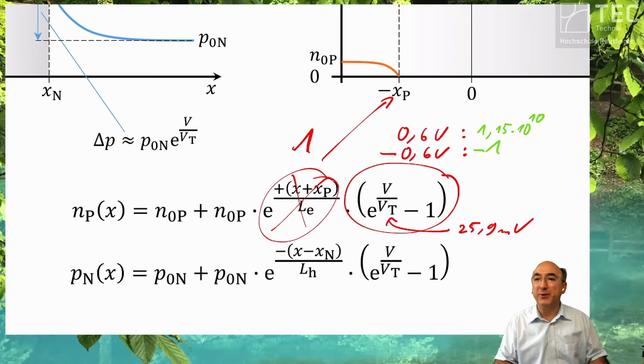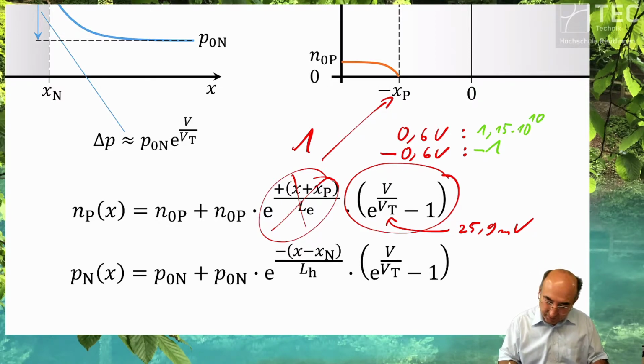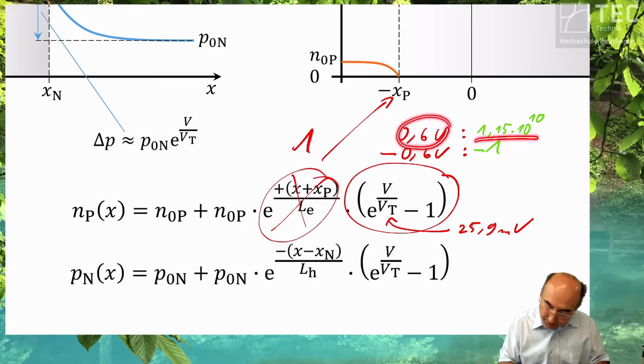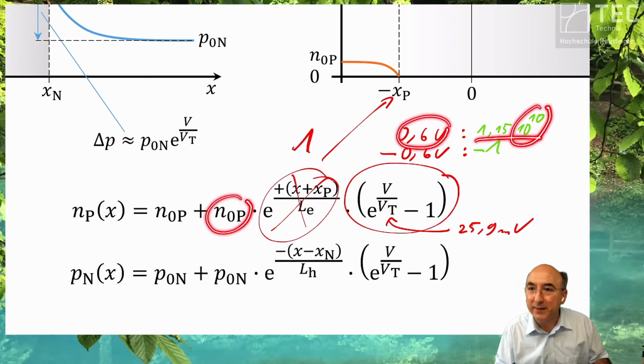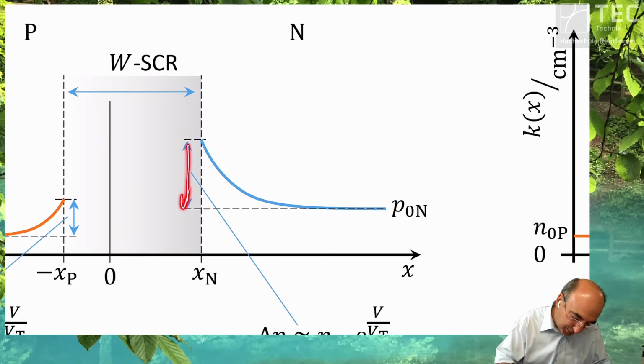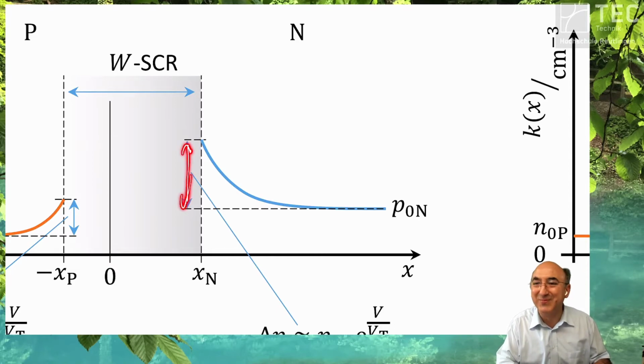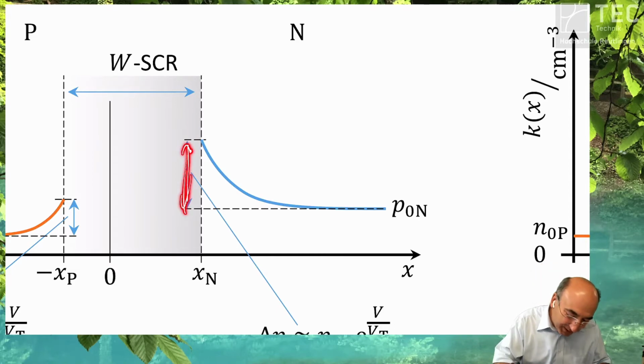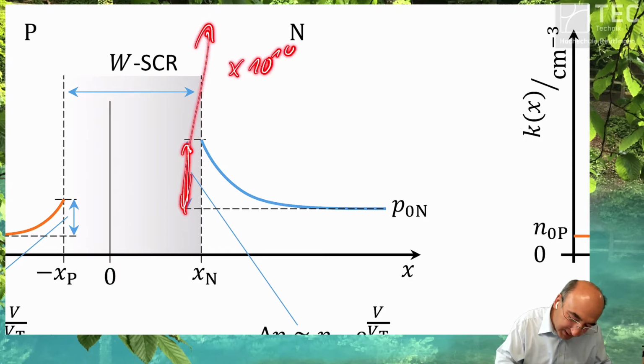What we have learned now, if we apply forward voltage, we increase the minority carrier concentration by 10 to the power of 10. Okay, so this increase is also a lie. The increase is 10 to the power of 10.